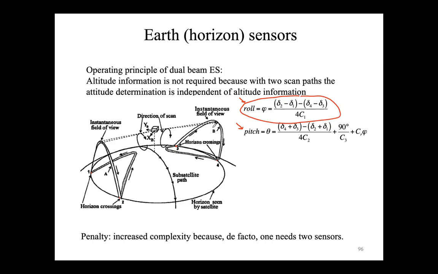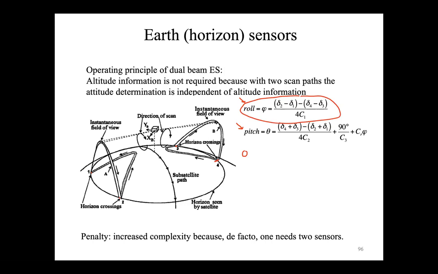The use of a dual scan Earth sensor is indeed useful, because you are looking at 4 different points of the Earth. So if the sun, for example, is in this direction, the detection of this point will not be possible, because the sunlight is going to saturate this horizon limb.